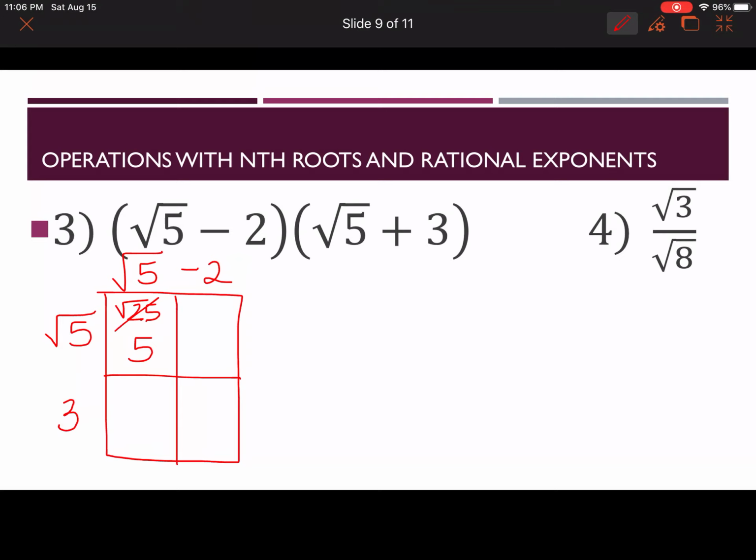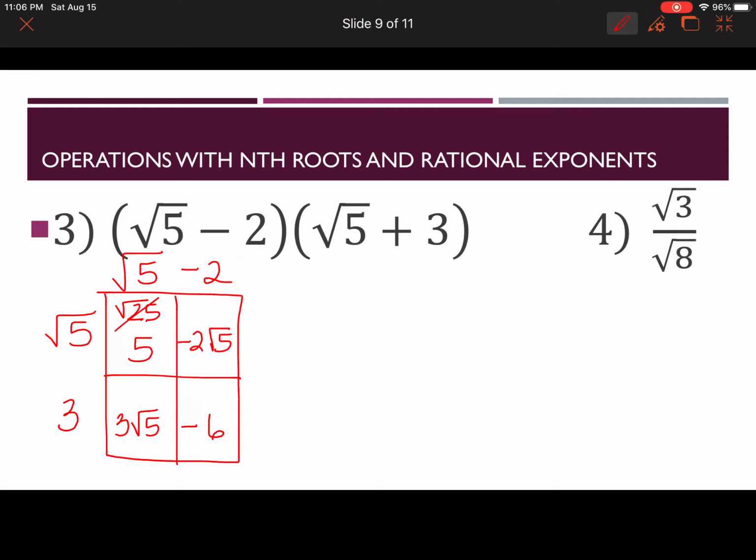Negative 2 times the square root of 5 is negative 2 root 5. You cannot multiply a number by a radical. That number would just go in front. So that means here we just have 3 root 5. And in that last square, we have a negative 6.